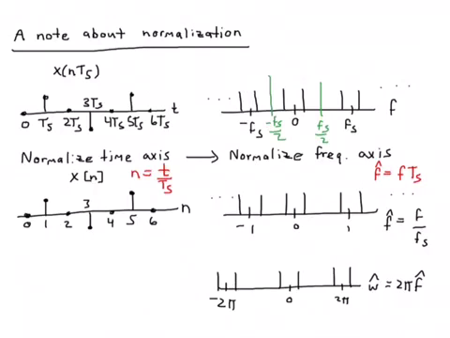Now, what is the unique region in these other cases? Well, f sub s over 2 in f hat language maps to just 1/2, and minus f sub s over 2 is minus 1/2. So the unique part of the spectrum in our normalized frequency axis is between minus 1/2 and plus 1/2, and the copies show up at integers.